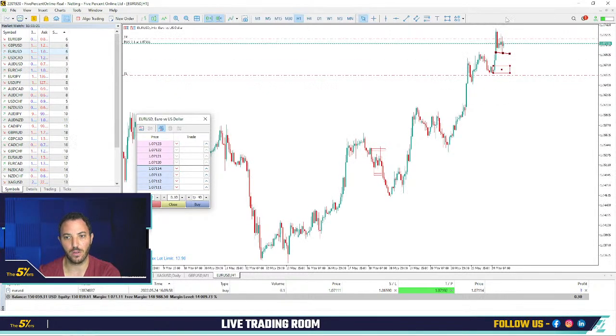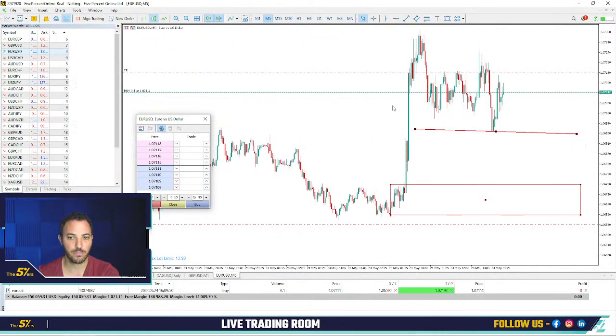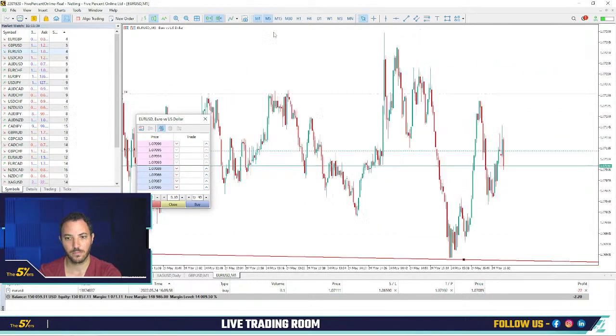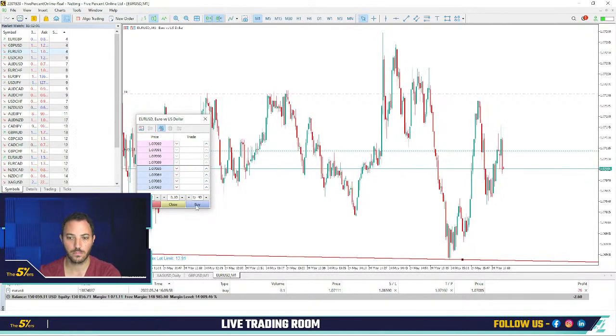And as we press to the upside, then I will start shorting the market. Around this area I want to add a little bit more.